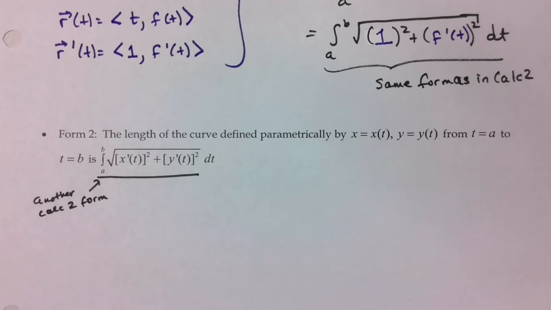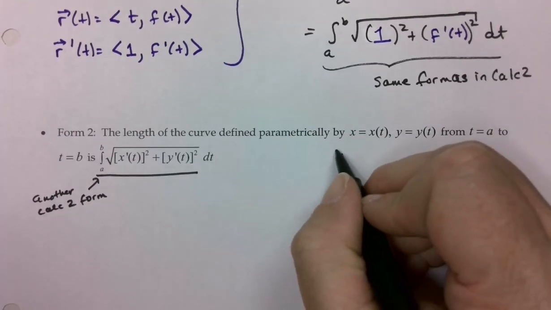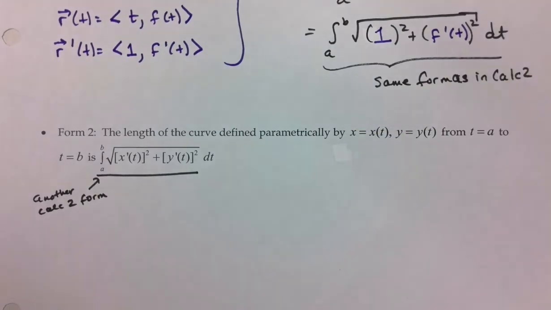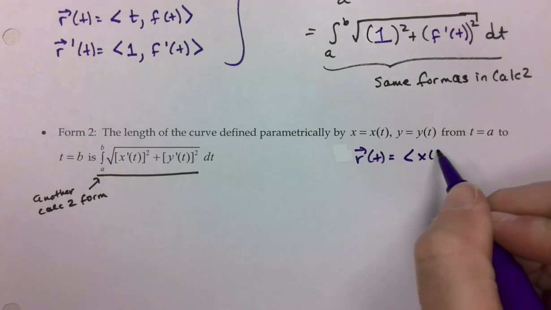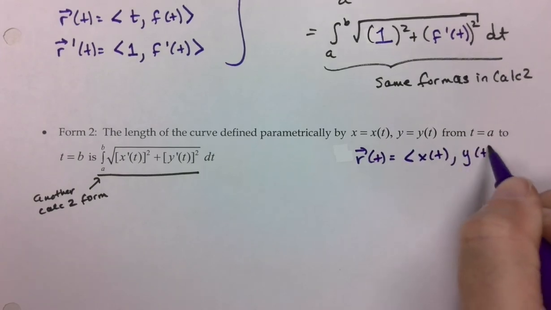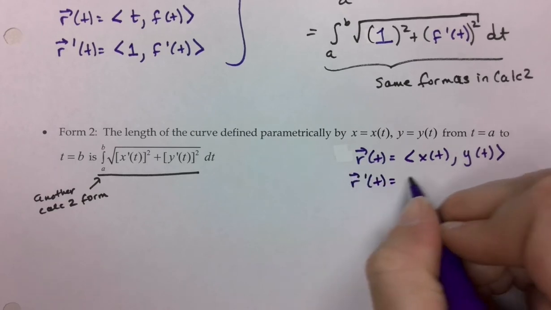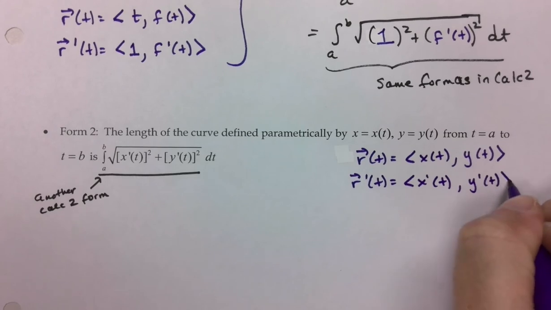Okay, so if we think about the square root of x prime squared plus y prime squared, if we notice that r of t would be equal to x of t comma y of t, then the derivative would be equal to x prime of t, y prime of t.